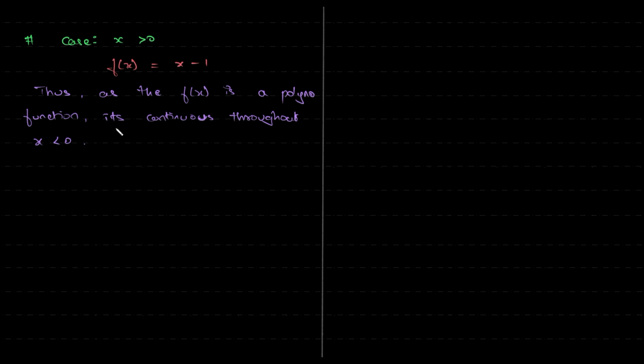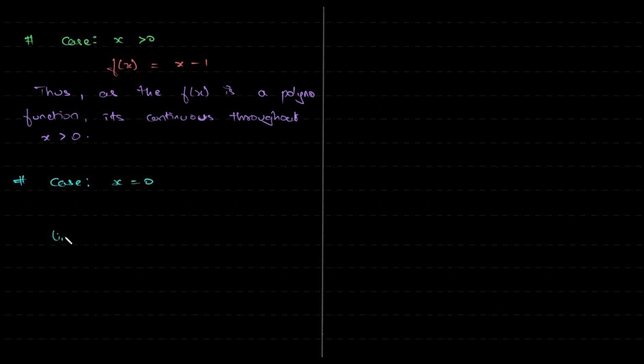Thus, as the function is a polynomial function, it is continuous throughout x greater than 0. Okay, and now the third and last case is x equal to 0.